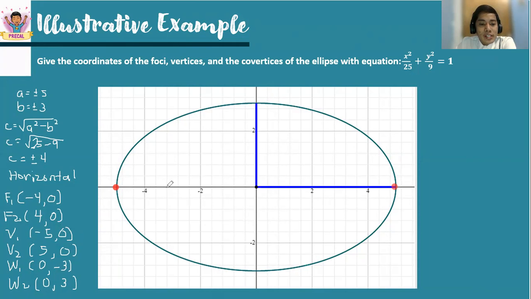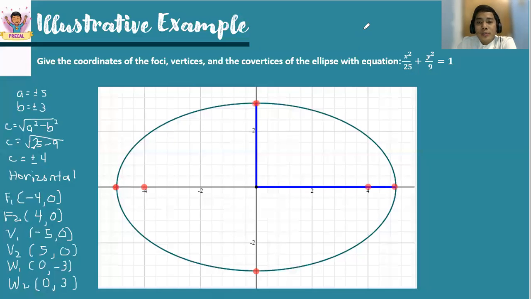So where is the focus located? It's located on -4 here and here. Okay, and the co-vertices are located here. So these are important points to form.